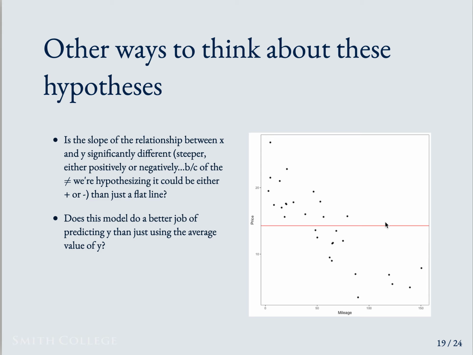And from a prediction perspective, you could think about, could we predict the value of a car's price just by saying, on average, everybody should be considering that the mean is going to be a good fit? In other words, that there's no added value of mileage as a way to predict the price of the car. We should just assume that any given car, independent of its mileage, is going to have the same price.